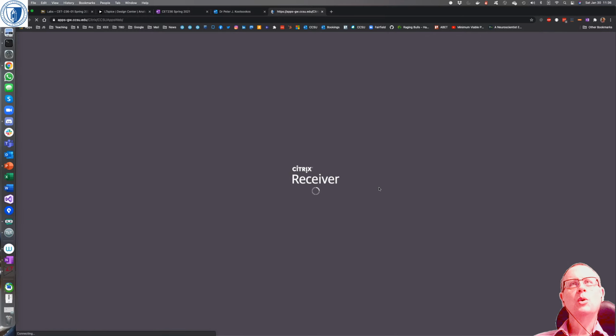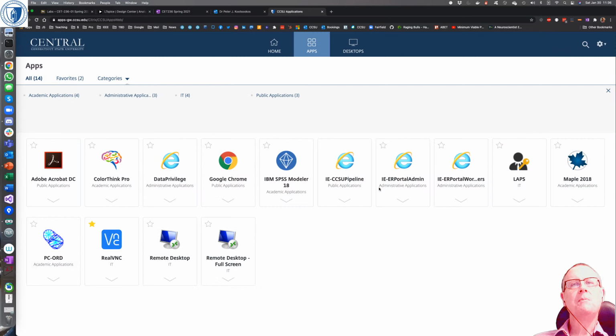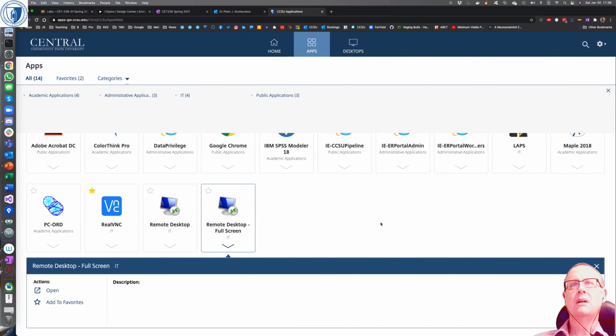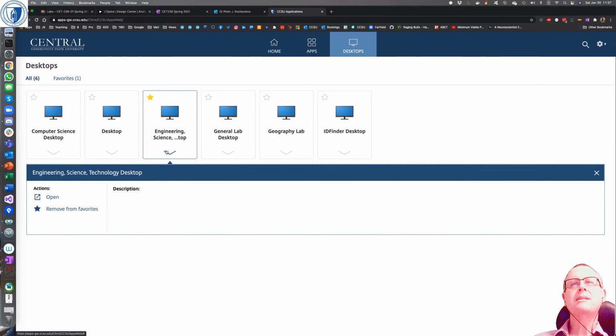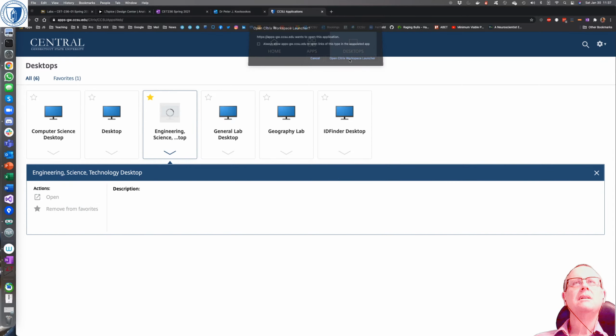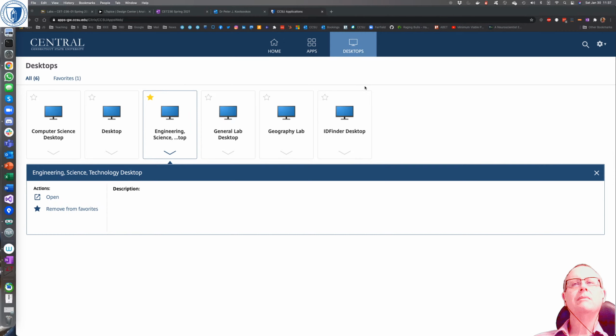And what you should see, and I forgot to check before we started today, if you go to desktops and you go to the Science Engineering Technology desktop, and I've got the local client installed, so it's not going to go through the... let me get it on the right page, maybe.